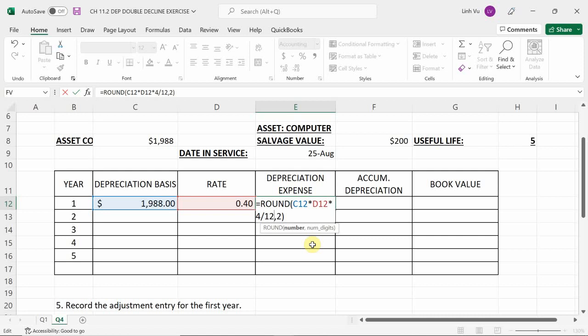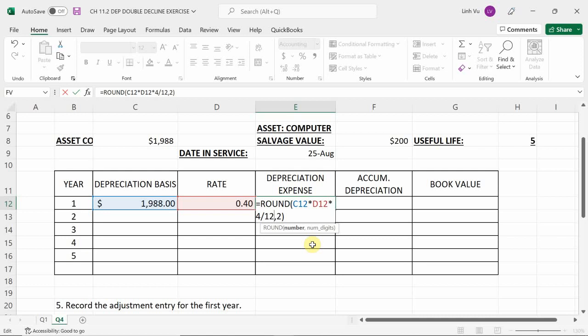Think about it. If one whole year is going to be $795, how do I figure out a portion of that year? You already know that it's 4 months old. Well, what I did is 1,988 times 0.3333, and I came up with 662.66. Now remember, is it 1,057? No.